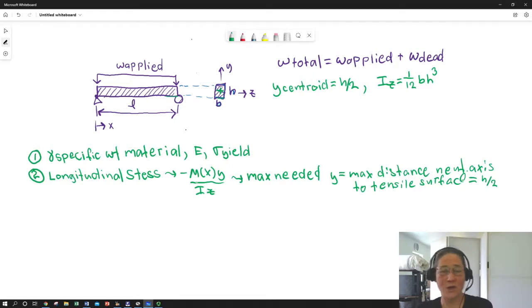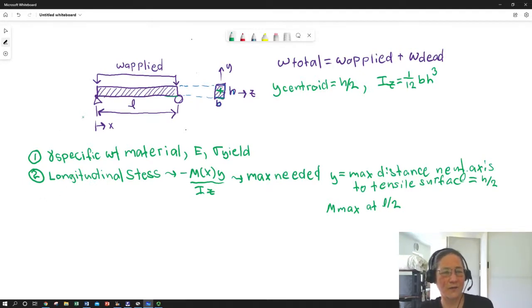Of course, we're going to want to know what the maximum moment is. We don't just want the longitudinal stress as a continuous plot, although that would be nice to know. We want to know M max. We know from our statics that for a simply supported beam that's loaded uniformly, that's going to occur in the middle, at L over 2. We can step through our statics and develop some expressions for shear and moment.